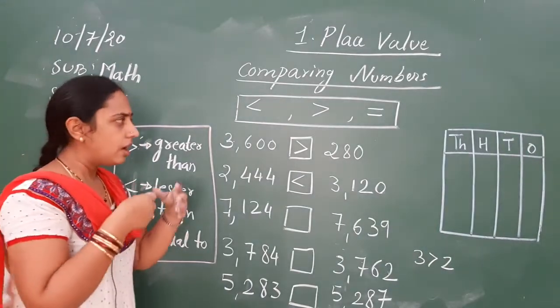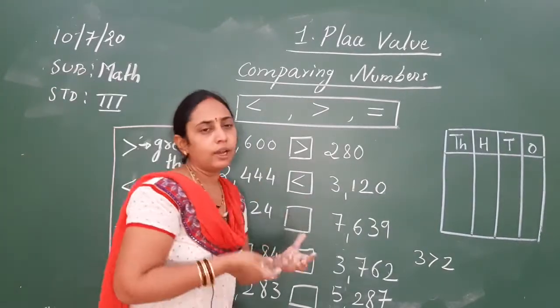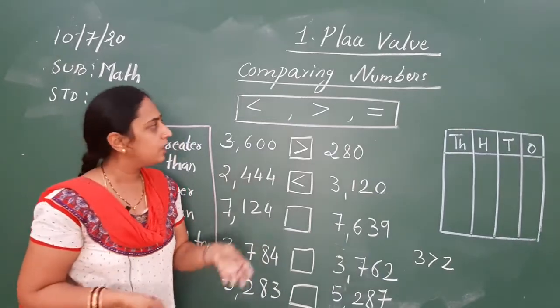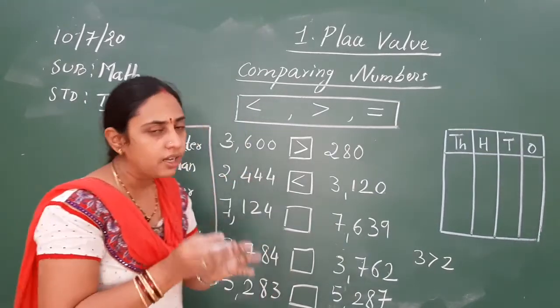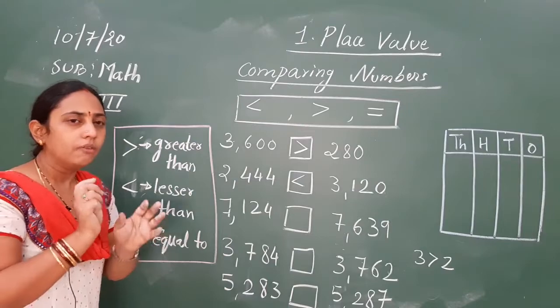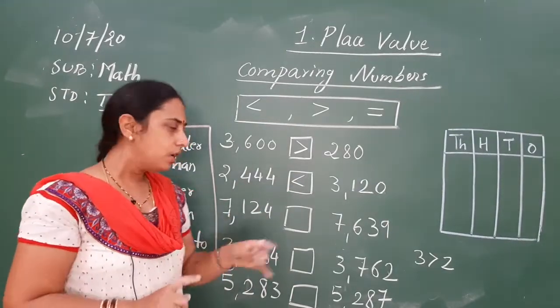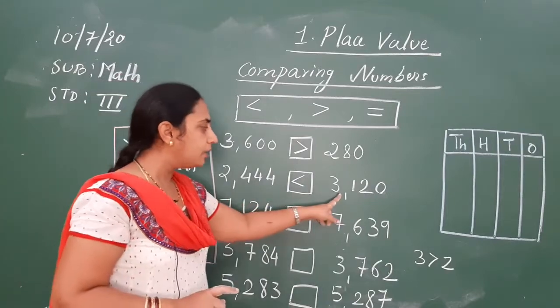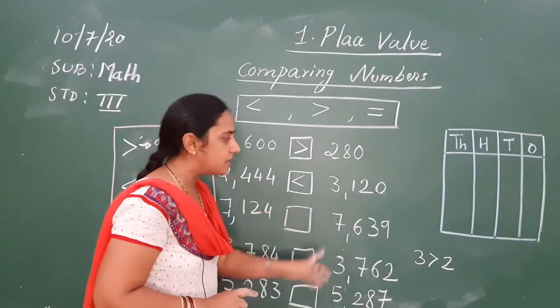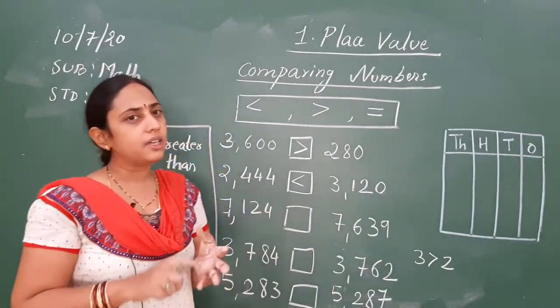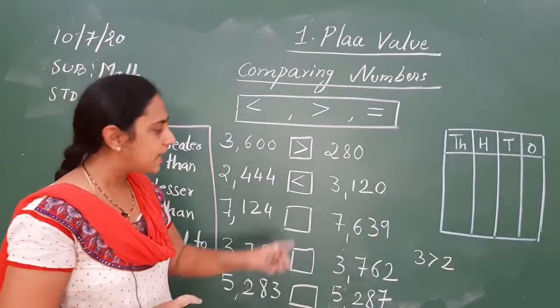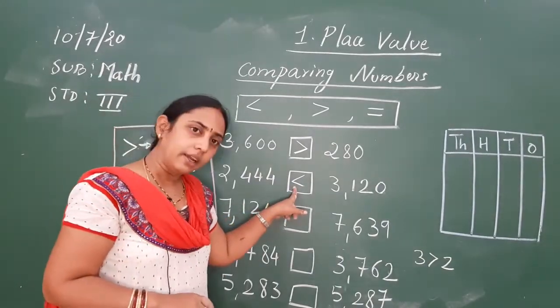But as per the rule and the textbook, we follow that this is the greater sign and this is the lesser sign, but we can manage with that. So according to the second rule, we check the digit in the thousands place, and whichever has the highest number in the thousands place, that number will be greater, right?